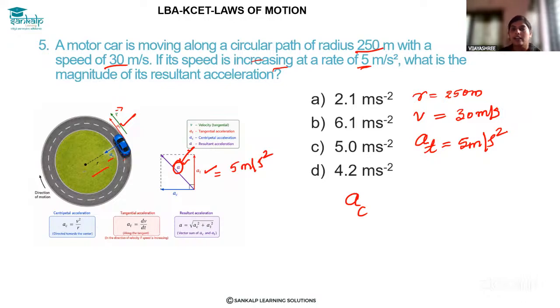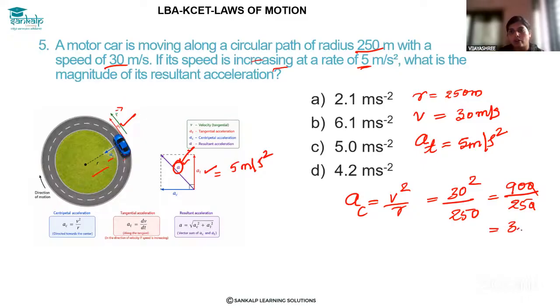AC is equal to v square divided by r. Velocity is 30 square divided by radius 250, which is 900 divided by 250. The zeros get cancelled, which is equal to 3.6 meter per second square.